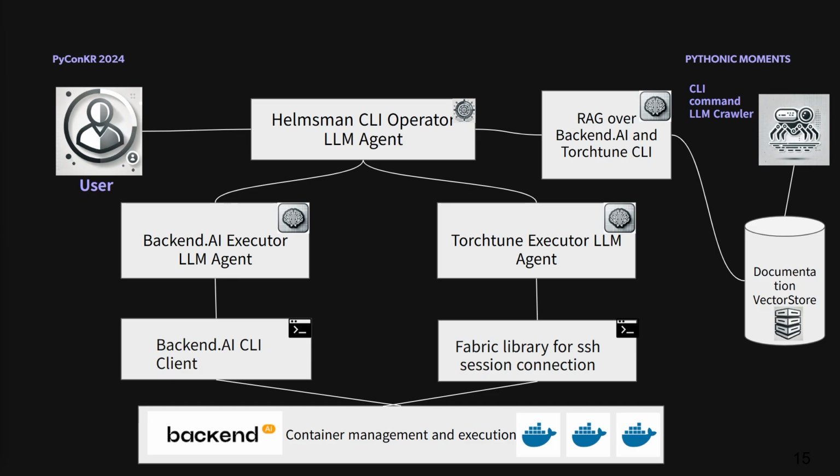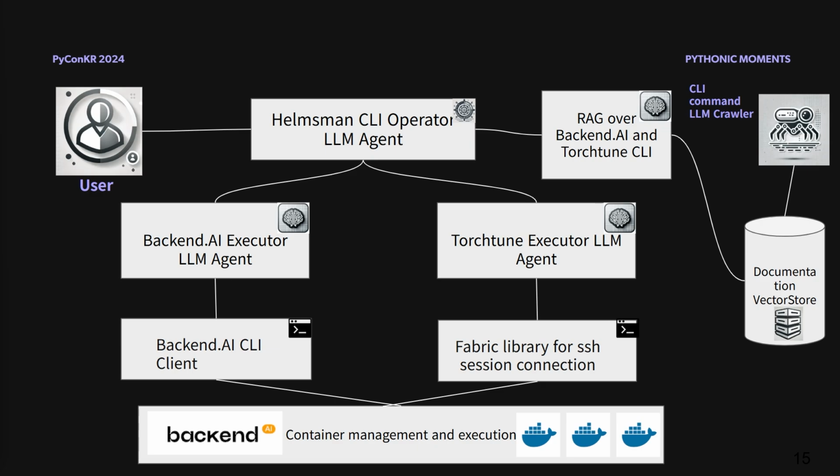The Backend AI executor agent retrieves relevant documentation from the vector store. It generates the shell commands with the right arguments and executes them in an isolated session managed by Backend AI. A feedback loop ensures that results are propagated and returned to the user.